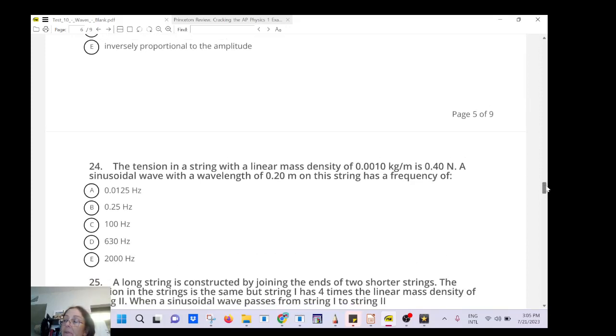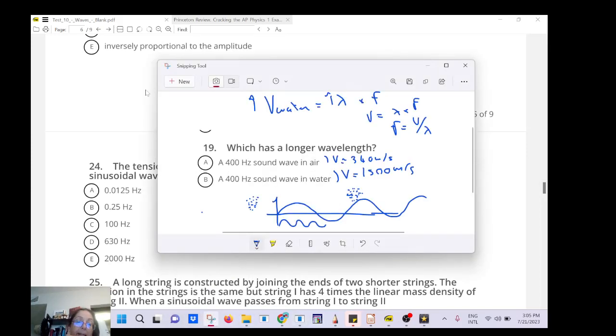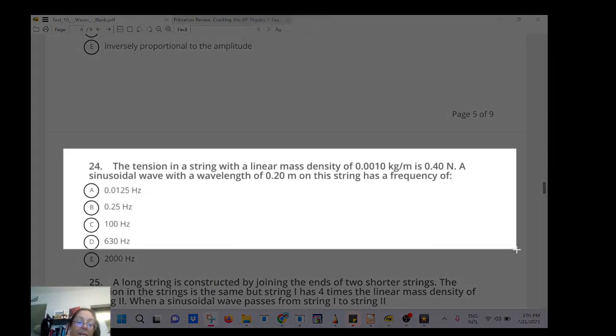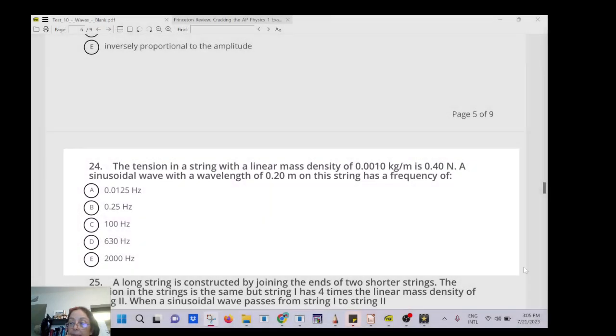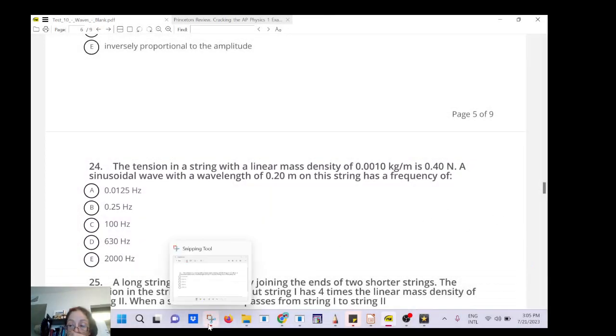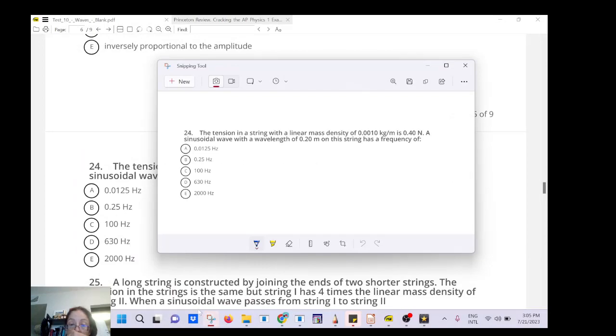So number 24, I think this one is just plug in. So you have the mass density, you have the tension, and you have the wavelength.